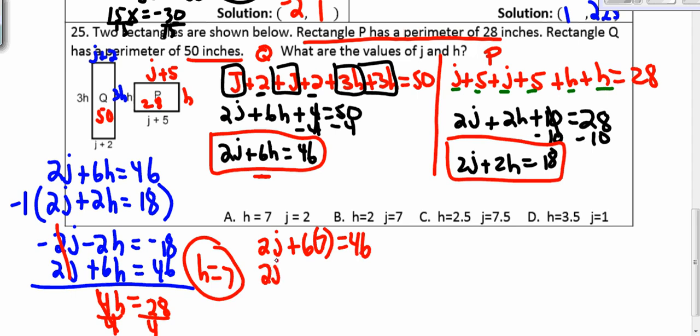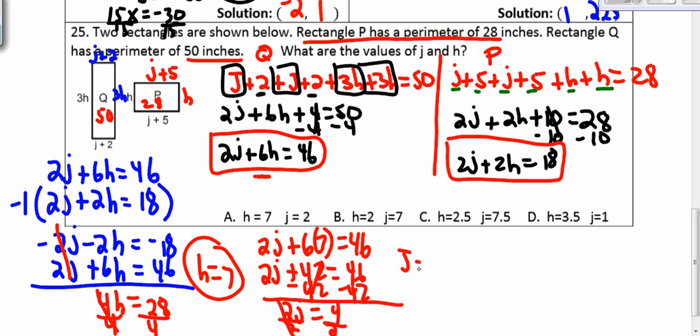And I'm going to solve for j. This is 42 equals 46. You minus 42 on both sides. 2j equals 4. And you divide by 2, and j equals 2. So h equals 7 and j equals 2.